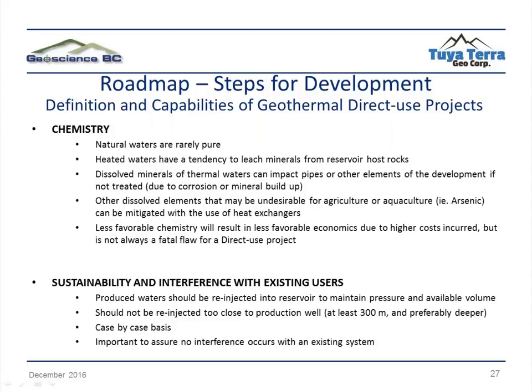As I've already mentioned, natural waters are rarely pure, even though we think about them as being pure. In fact, that's why we call them brines. You'll often hear us talk about fluids, we talk about water, but we also talk about brines, and that's because the water has been transformed in the geothermal system to a brine.